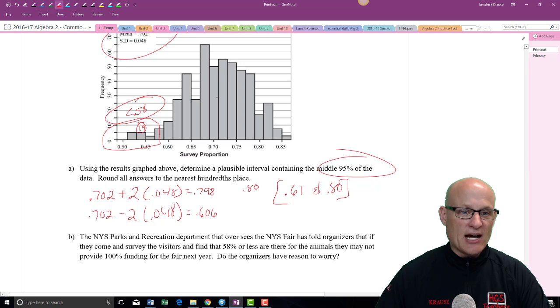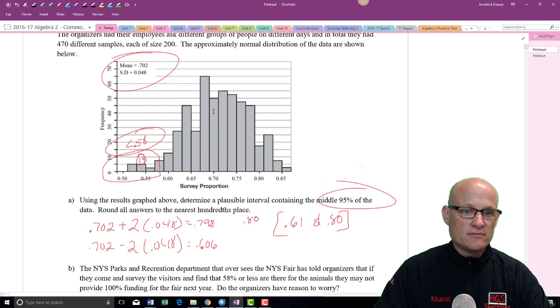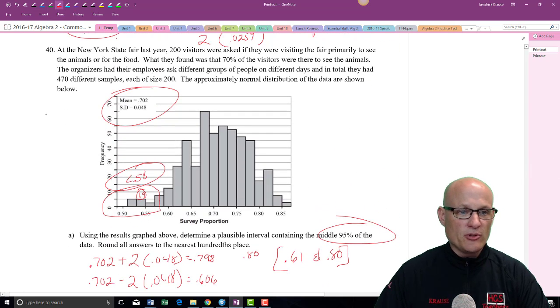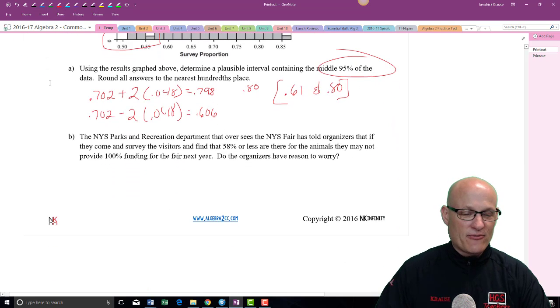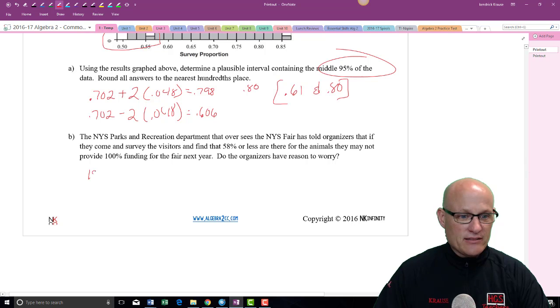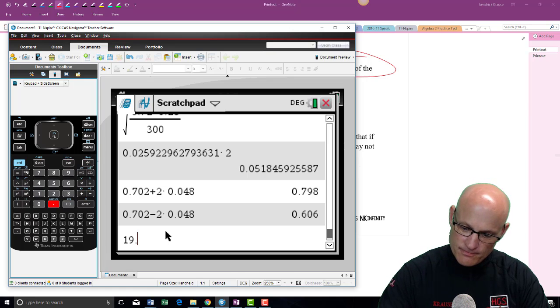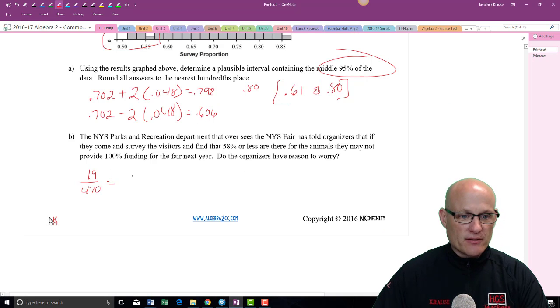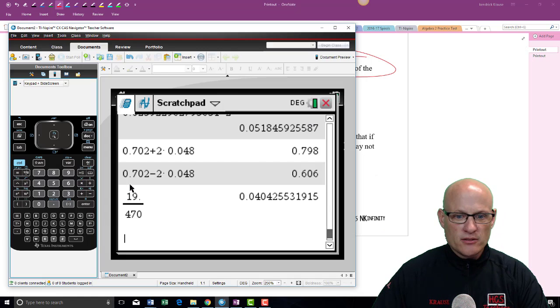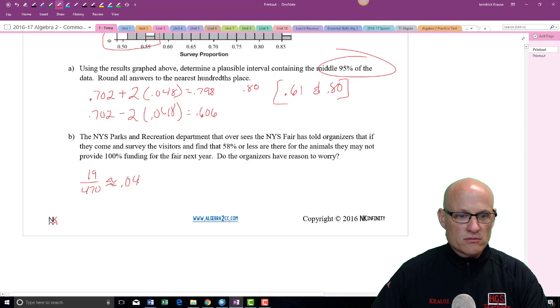So 19 out of how many of these distributions? Well, we did this 470 times. So 19 out of the 470. So 19 divided by 470 is equal to about 4%. So about 4%.